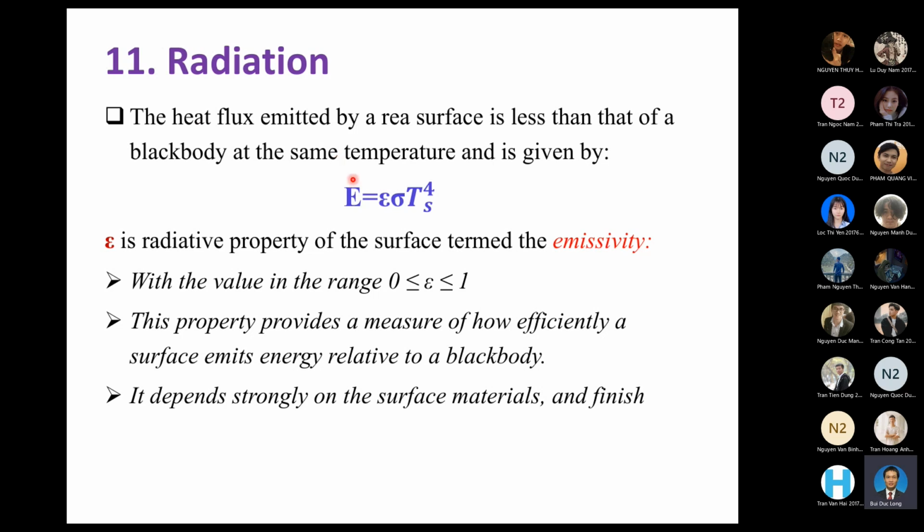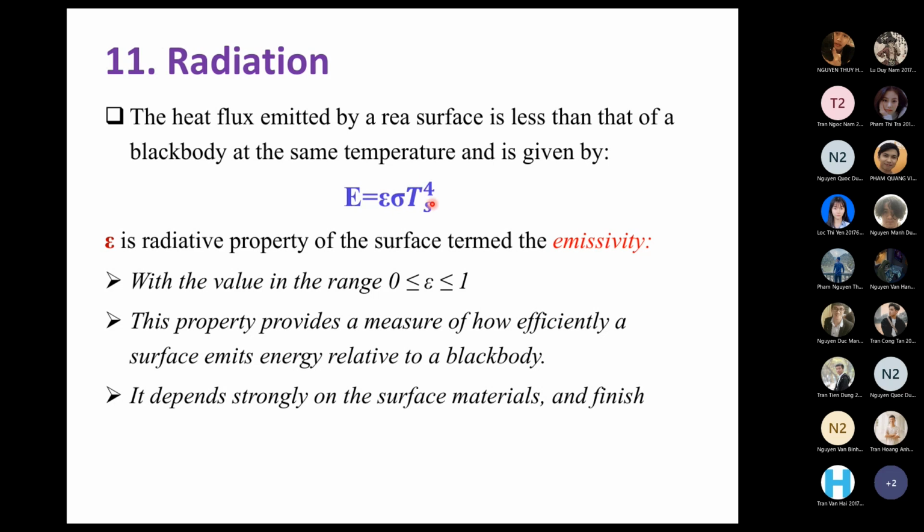So we have the formula E equals epsilon sigma Ts^4, where Ts is the surface temperature and sigma is the Stefan-Boltzmann constant.